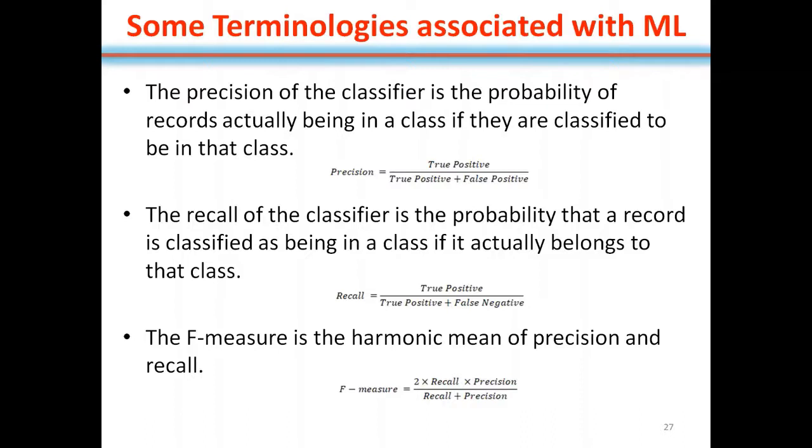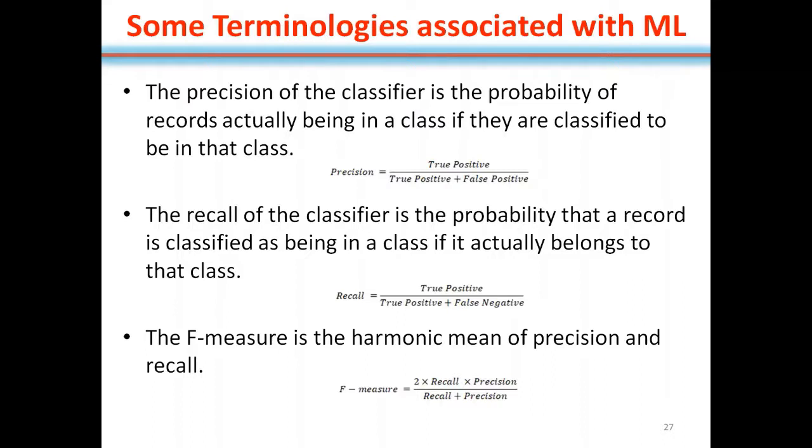So recall equals true positive divided by true positive plus false negative. And F measure is the harmonic mean of the precision and recall. The F measure can also be called the F1 measure, which is calculated as 2 multiplied by recall multiplied by precision divided by recall plus precision.